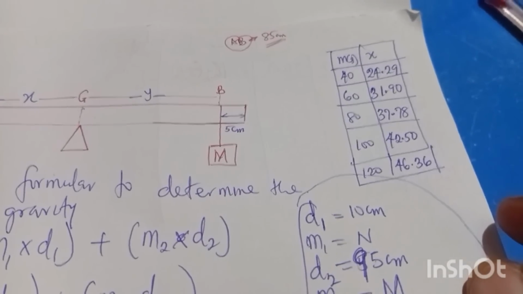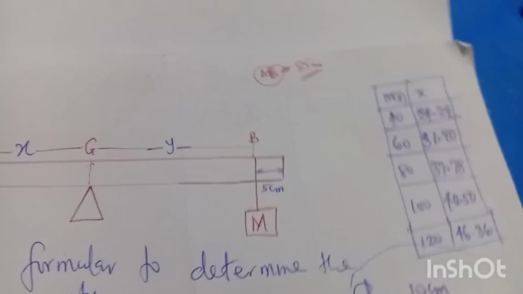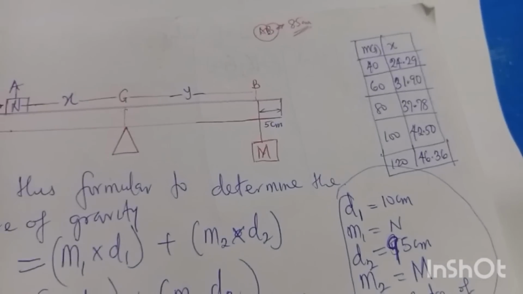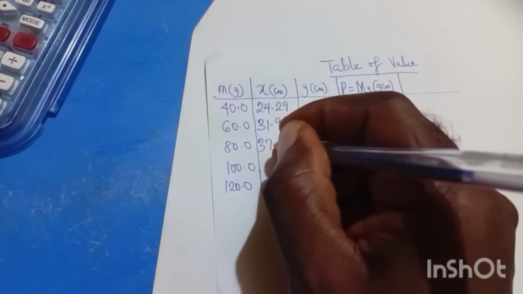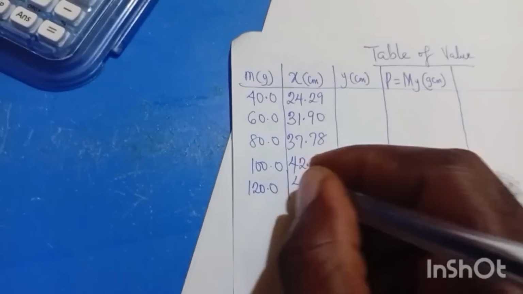I have my values as follows: 24.29, 31.90, 37.78, 42.50, and lastly for 120 we have 46.36.